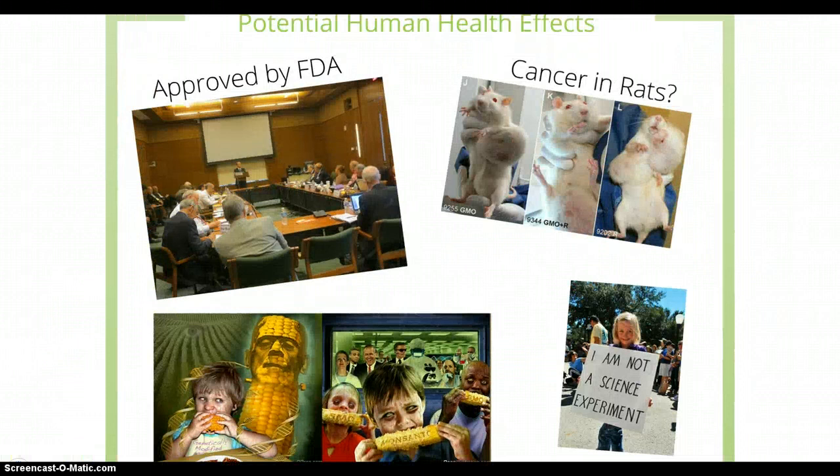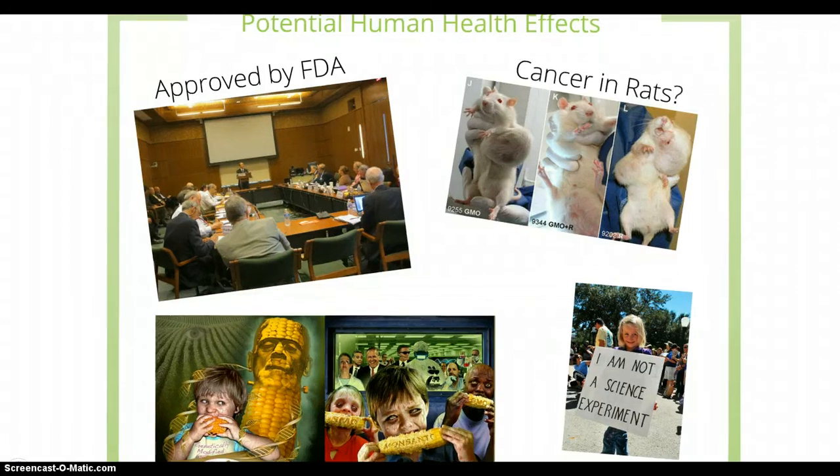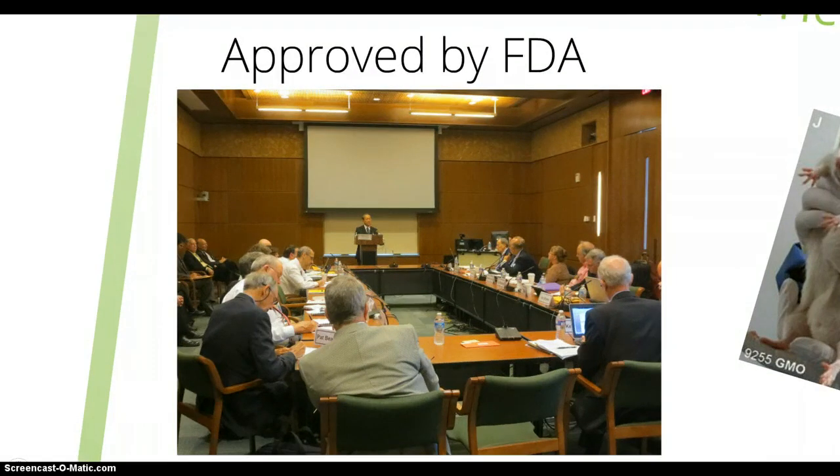And now we're going to talk about some of the controversies surrounding these processes. A lot of people are worried about potential human health concerns. So every single genetically modified crop goes through an approval process with the FDA. And the FDA looks at all of the scientific research surrounding the crop and the food, and they look at all of the evidence, and they either reject or approve each individual species.